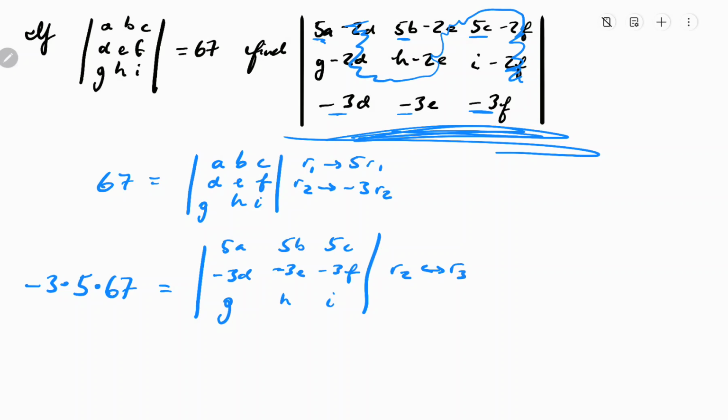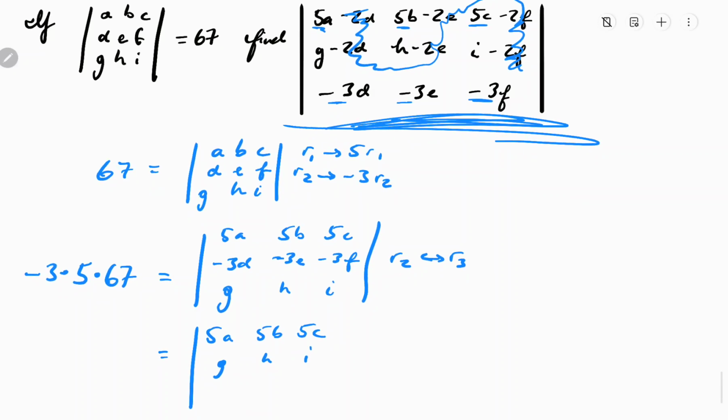And this will give me 5A, 5B, 5C, and we have G, H, and I here instead, and we have -3D, -3E, and -3F. Since I performed a row switch, my determinant will change sign once. So we have -1 times -3 times 5 times 67.